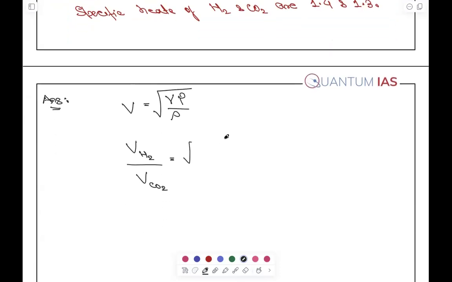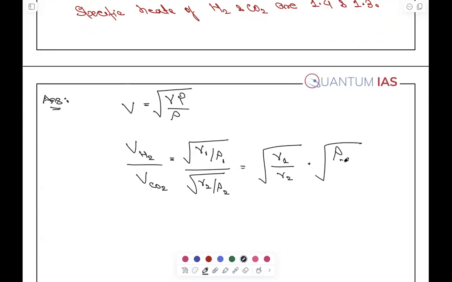So can I say that it is gamma 1 upon rho 1 upon gamma 2 upon rho 2? Achha. Can I say that it will be gamma 1, meaning of hydrogen, upon gamma 2 multiplied by rho 2 by rho 1.